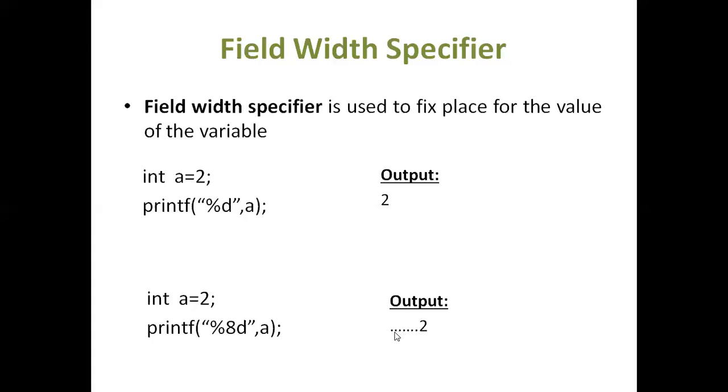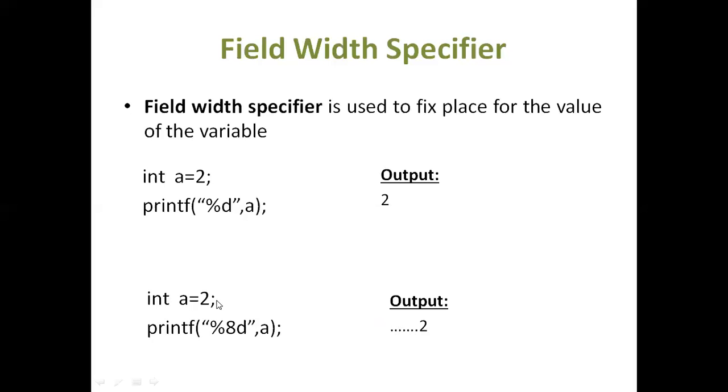So this means that 7 blank spaces will be left. I have put down the dots here to show you how many spaces will be fixed. However, you will not see these dots in the output. There will be blank spaces. And after the 7 blank spaces, on the 8th space, 2 will be printed.